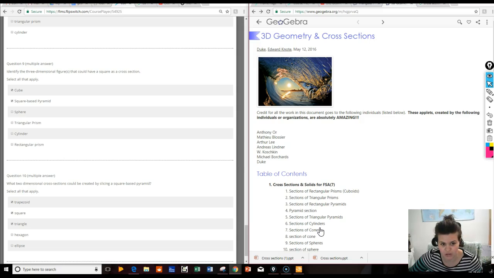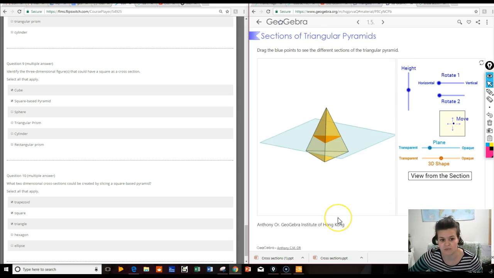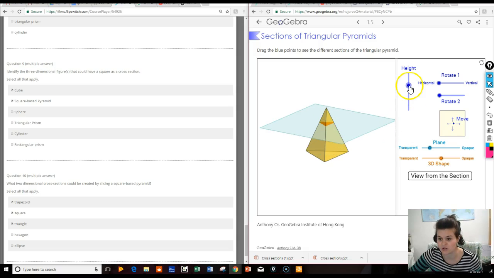The other option would be a sphere. We can eliminate a sphere right now because they're all circles.